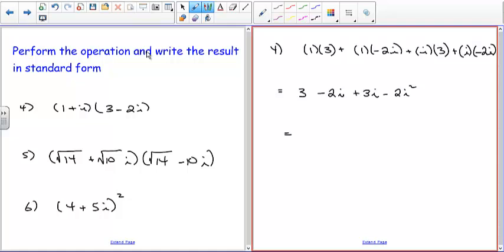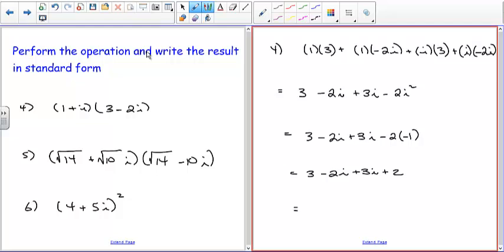Then you convert the i squared into negative 1. So we said that earlier, i squared is negative 1. And then it's just a matter of addition. So negative 2 times negative 1 is positive 2.